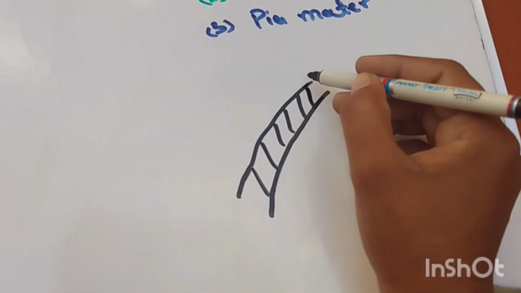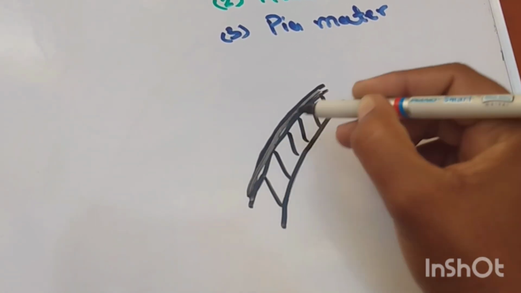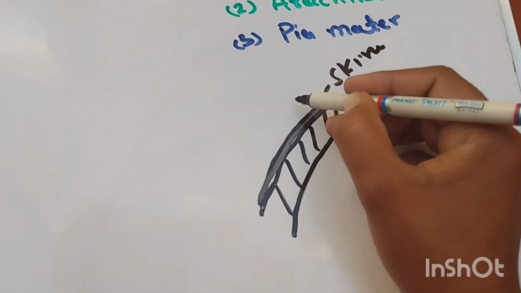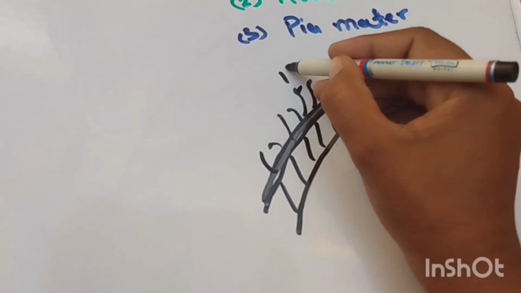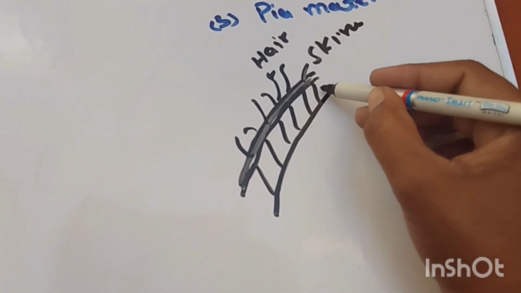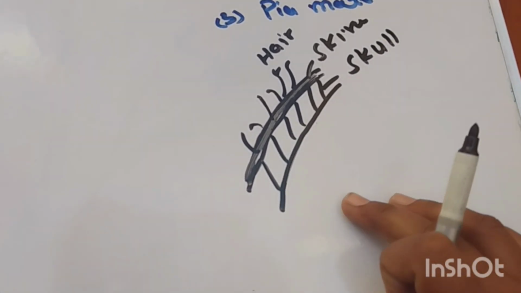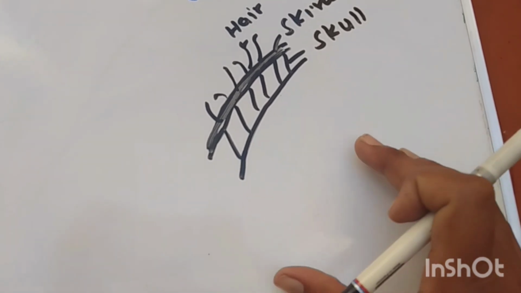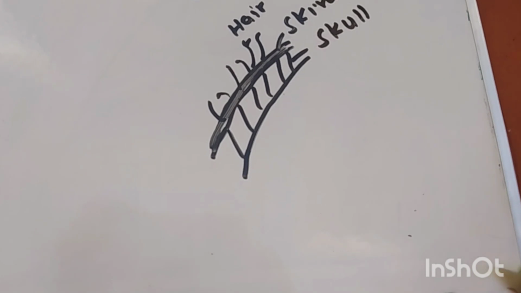Above the skull is the skin. Above the skin is hair. This bone gives strong protection to our brain from injuries.